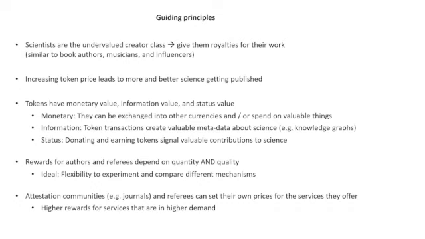I think what we need, especially at the beginning, is a system that has flexibility to experiment with different mechanisms and to actually compare them rigorously. And then finally, attestation communities such as journals and referees should be able to set their own prices for the services that they offer, such that services that are in higher demand can charge higher prices. So basically a market economy.